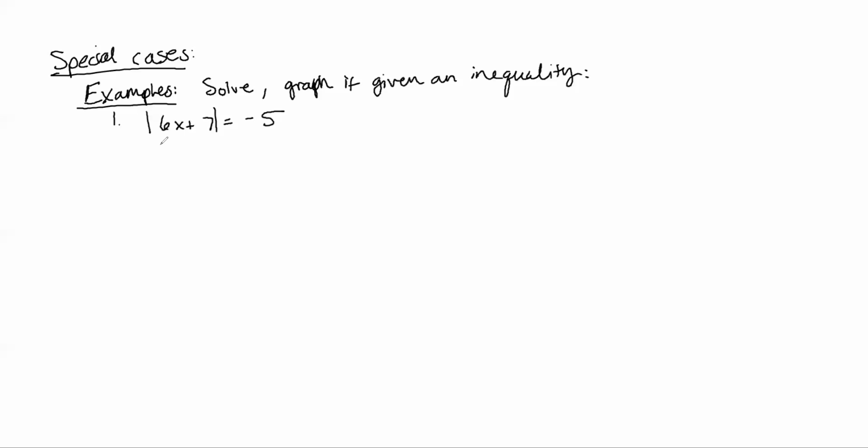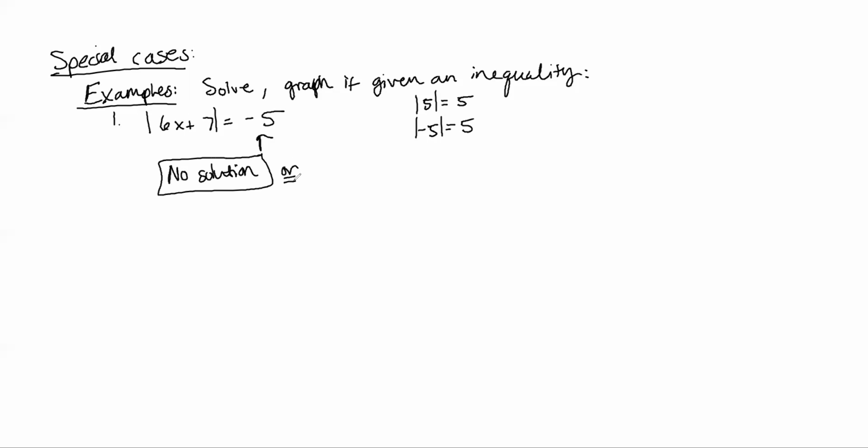The problem here is that we have an absolute value equal to -5. Remember that if we have the absolute value of 5, we get 5. The absolute value of -5 is also 5. There's no way we can get a negative over here on the right. So this one has no solution.